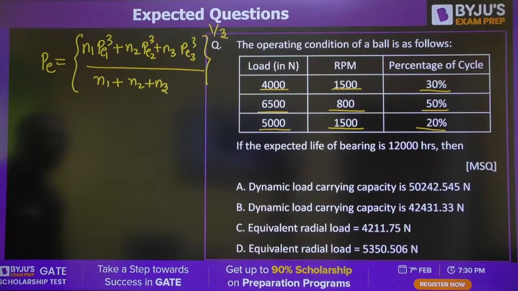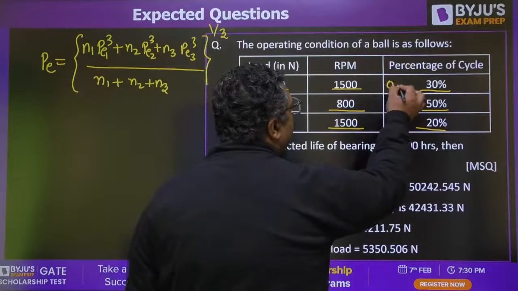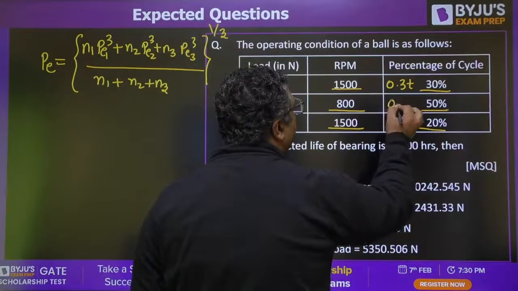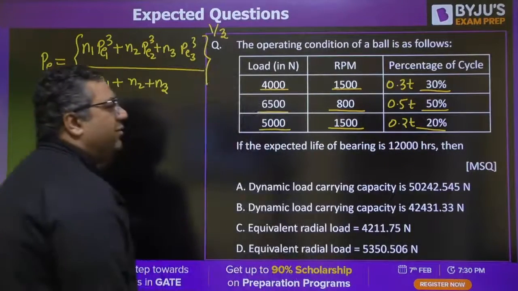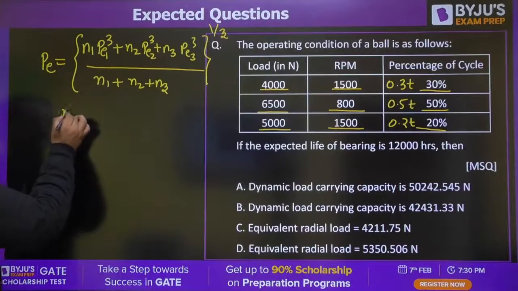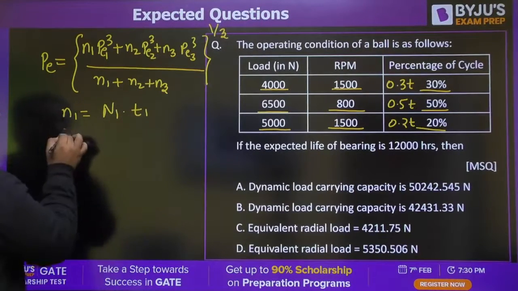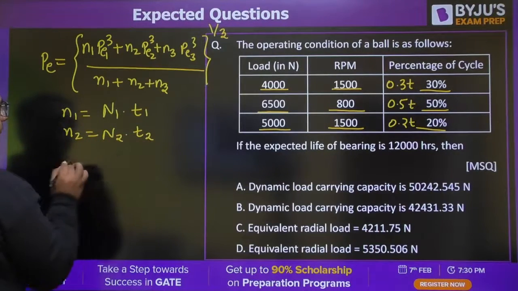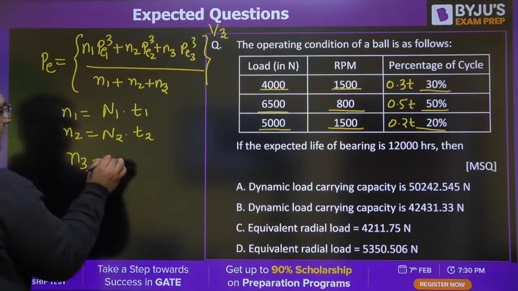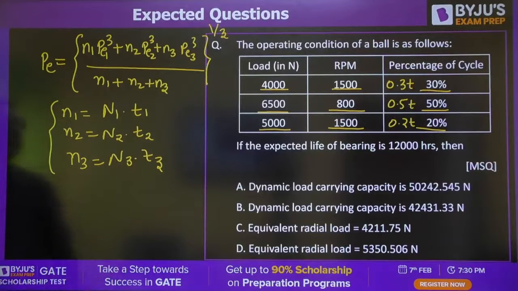And when you want to find the number of revolutions, you will assume the time to be t. So it is going to be 0.3 t, 0.5 t, 0.2 t. And when you find small n1, it will be capital N1 into T1, small n2 will be capital N2 into T2, capital N3 into T3. This is how you will find it.